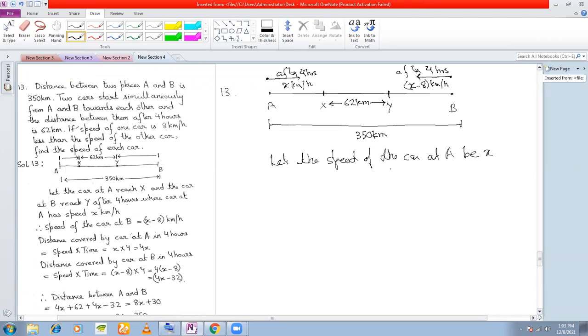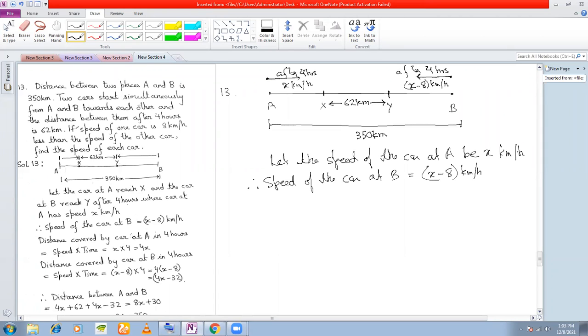Therefore, what is the speed of the car at B? Because your friend has told you that he is driving 8 kilometers per hour lesser than you, the speed of the car at B will be x minus 8 kilometers per hour. Now, let's consider yours.